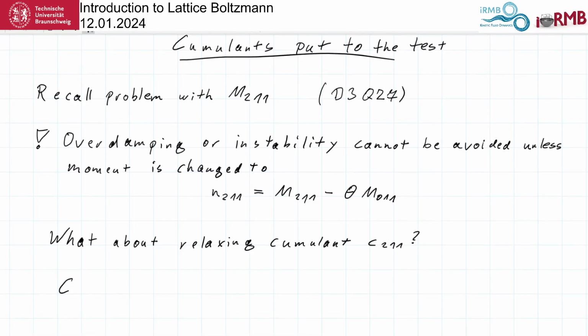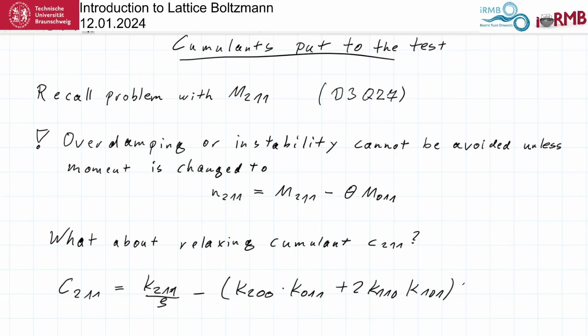So for this, we first have to see what is actually the cumulant C211. So this would be K211 divided by rho minus K200 times K011 plus 2K110 times K101, and this goes over 1 divided by rho square.